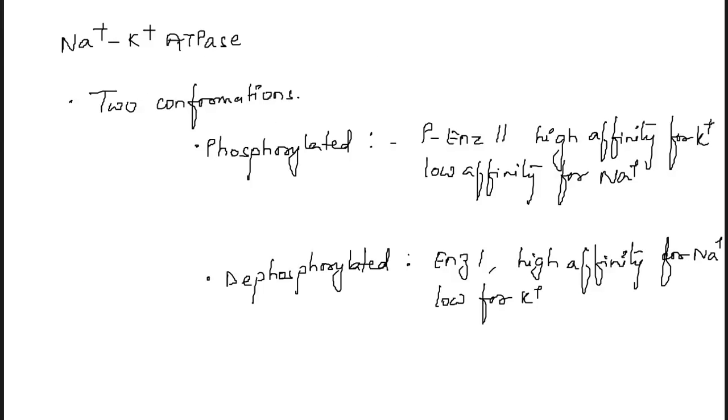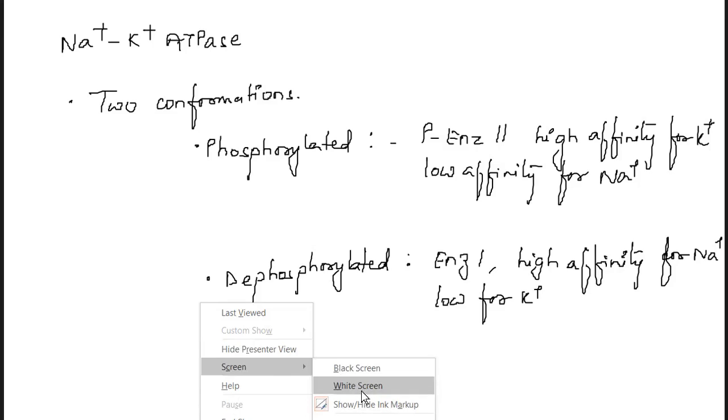Next, this sodium potassium ATPase exists in 2 conformations. One is the phosphorylated conformation and another is the dephosphorylated conformation. If I summarize the steps, I will explain the last slide after this slide.